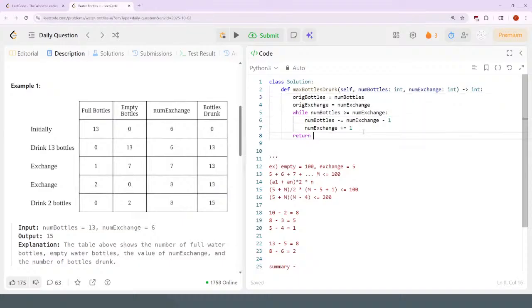And the answer is just the original number of bottles plus the num exchange that ends up with minus the original exchange. I think that's right.